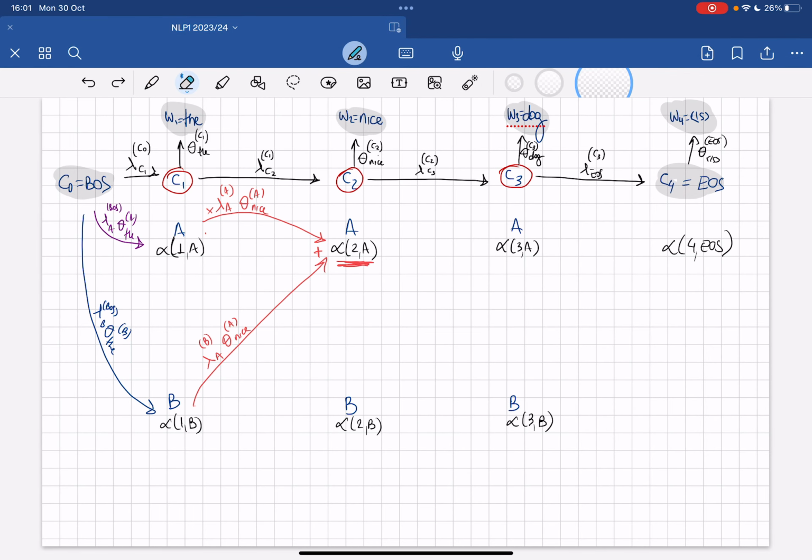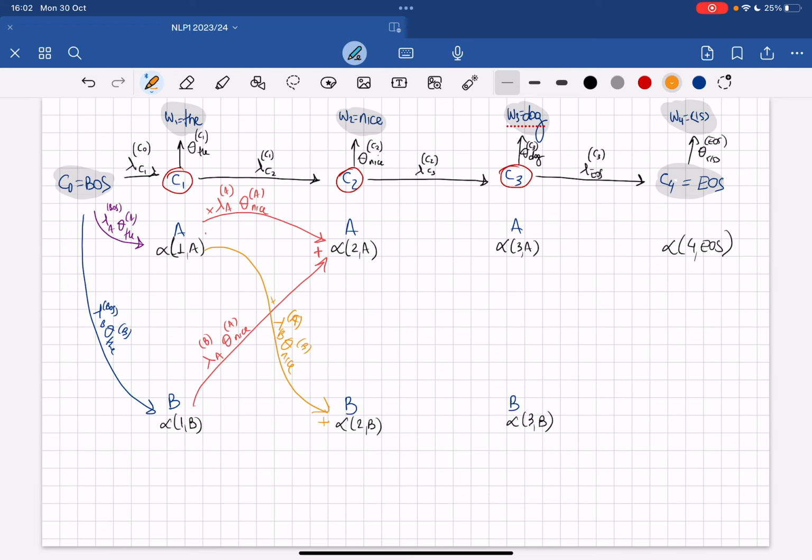All right, let's continue. Let's try to evaluate this cell. So the marginal of all sequences that end with the pair C2 equals B, W2 equals nice. So we might have this pair by extending a sequence that ended in C1A, in which case we need to transition from A to a B, and then emit from B the word nice.